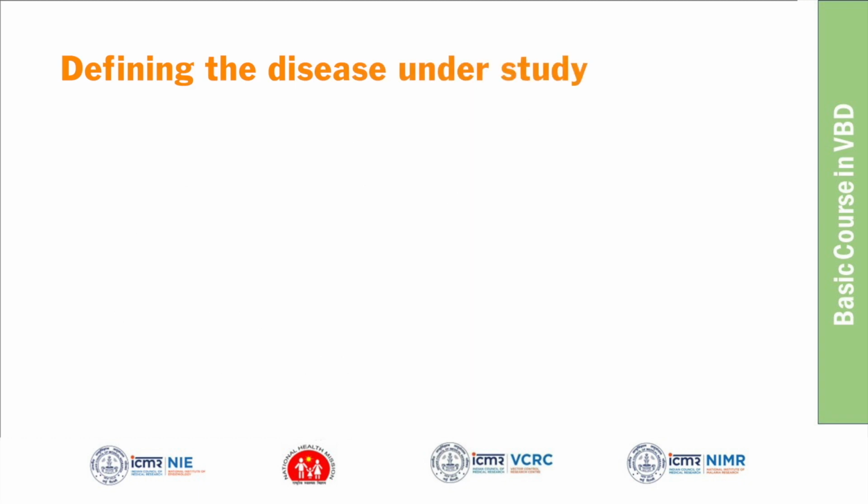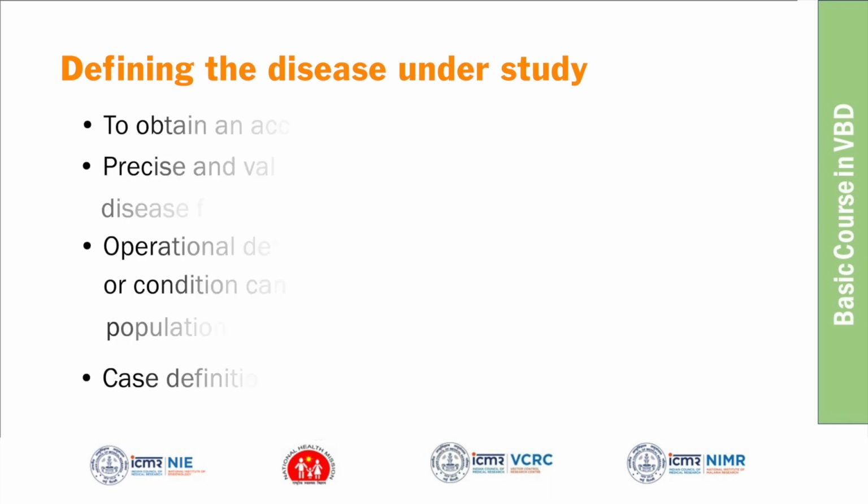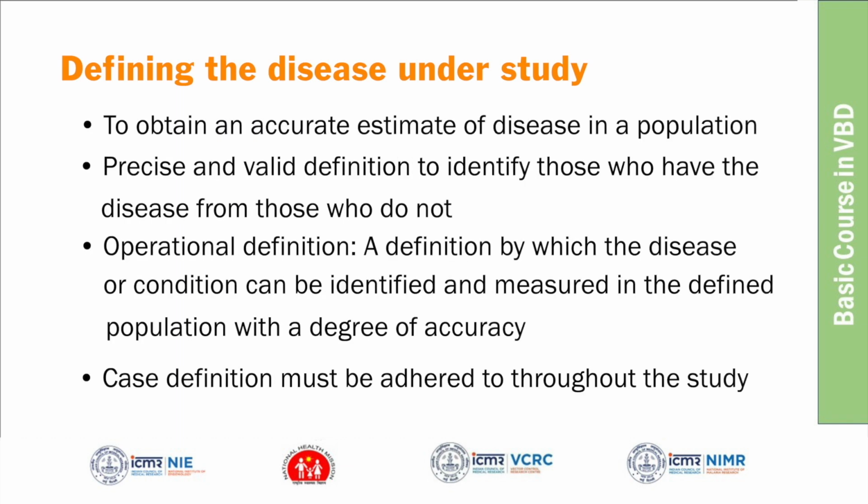Next step is defining the disease under study. So we are not going to stop only at defining the population. The second step is we have to define the disease in which we are interested. To obtain an accurate estimate of a disease in a population, we have to be very clear about the disease I'm going to study.